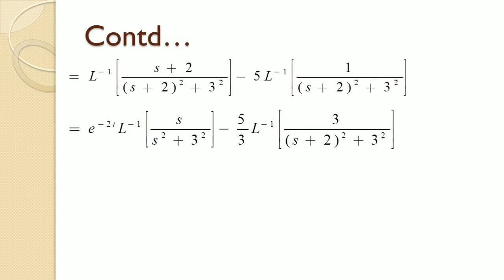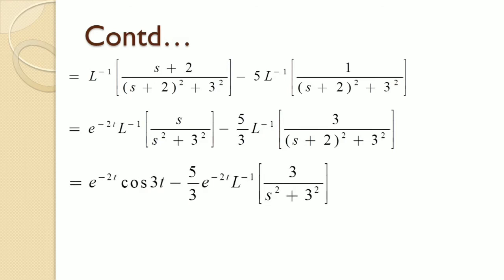Since we are having 3 in the denominator, the same should be in the numerator, so multiplying and dividing by 3. So we'll be getting e power minus 2t cos 3t minus 5 by 3 into e power minus 2t L inverse of 3 by (s squared plus 3 squared). So we'll be getting it as e power minus 2t cos 3t minus 5 by 3 into e power minus 2t sin 3t.